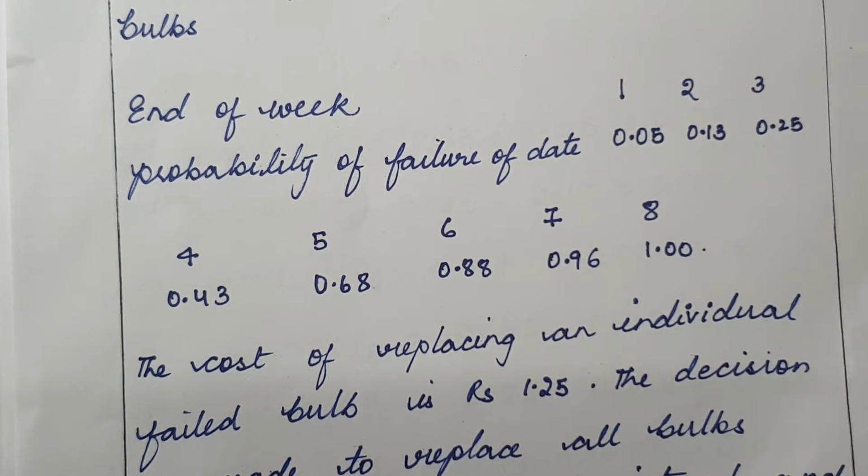You have to check which method is suitable, whether to go for individual failure replacement or group replacement, and which one you will get cheapest compared to these two methods. So in this problem you will find that out.